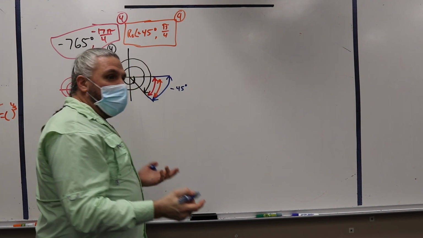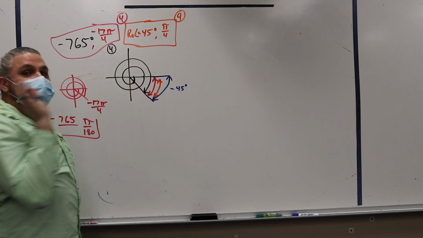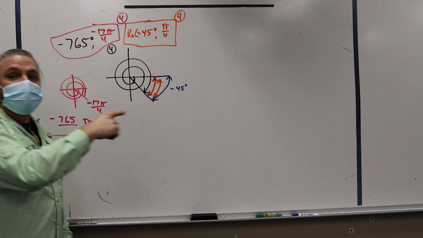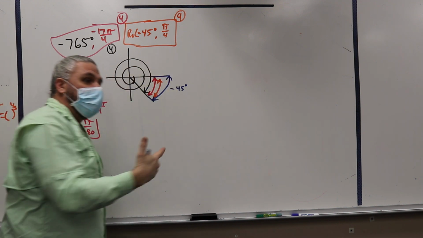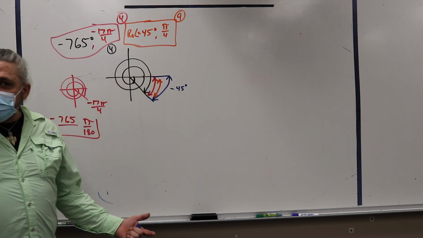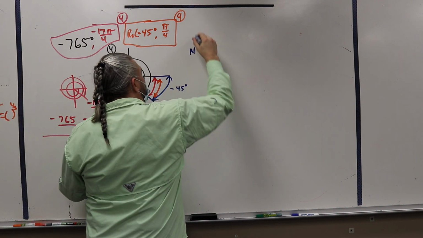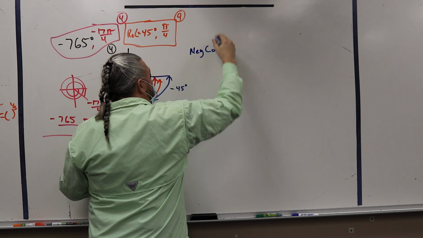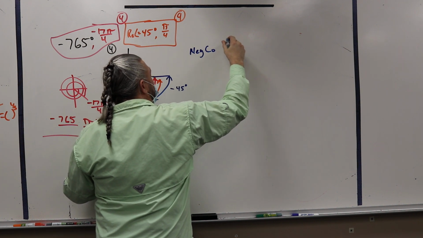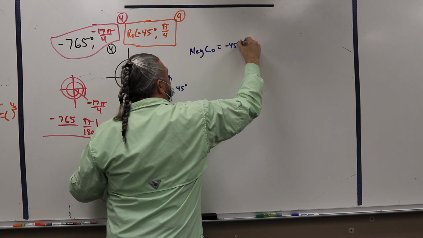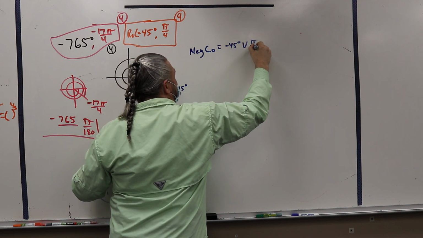Because I didn't have to go around. I could have gone around once and then come there, and that still would have counted. Does that make sense? But that's my negative coterminal, equals negative 45 degrees or negative pi over 4.